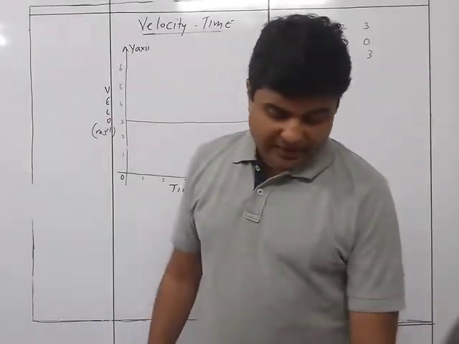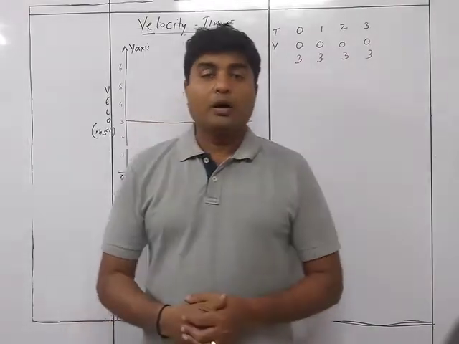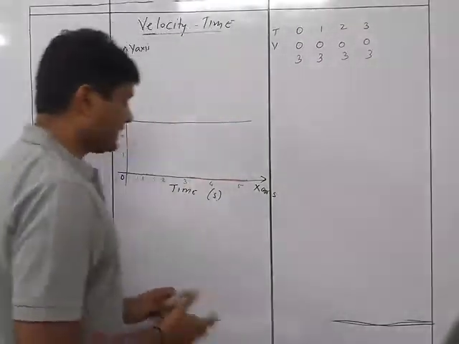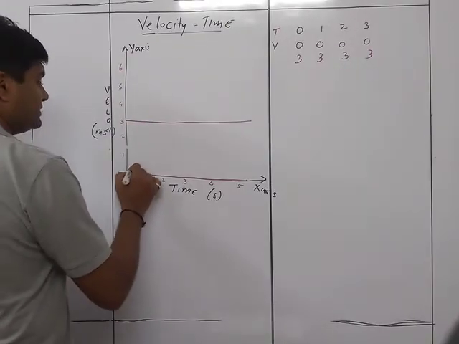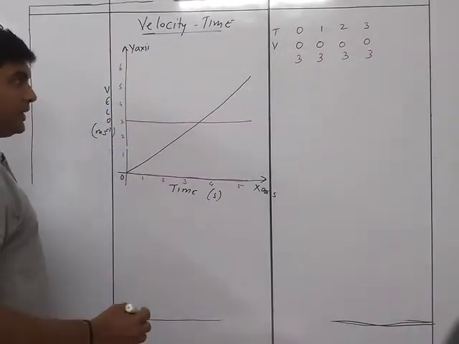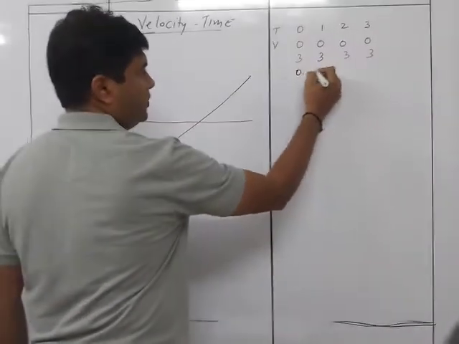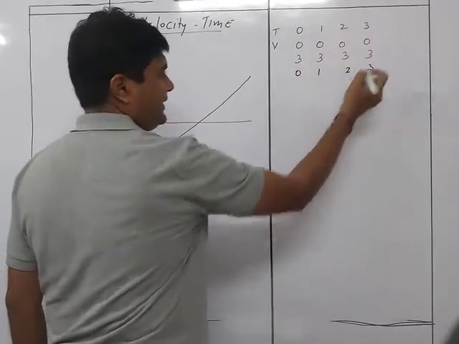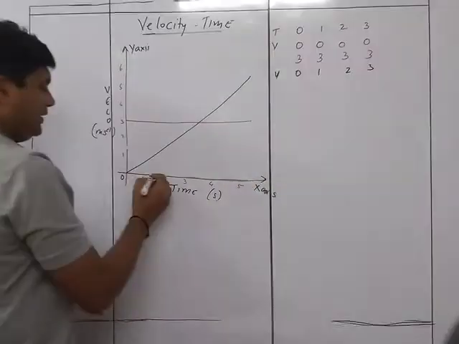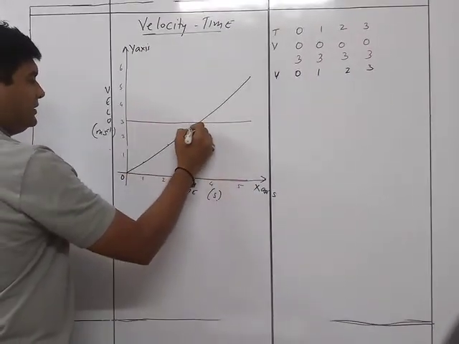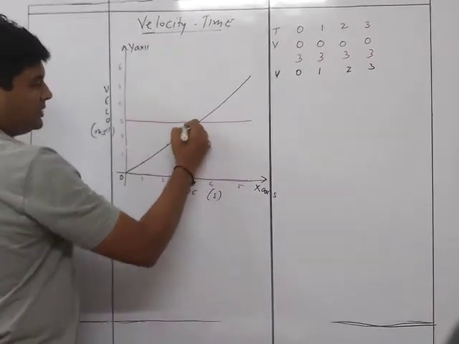Next we see the condition in which the graph is moving like this. That means at 0 the velocity is 0, at 1 it is 1, at 2 it is 2 and at 3 it is 3. So for 1 it is 1 here, for 2 it is 2 here, for 3 it is 3 here.